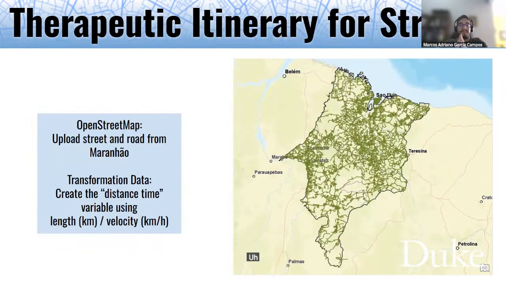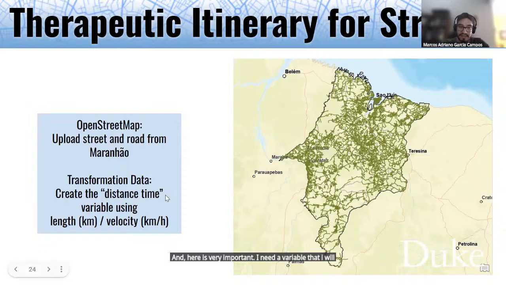The first step is to upload the streets and roads of Maranhão. I use OpenStreetMap to clip only the streets in Maranhão. And here is something very important. I need a variable that I will call distance time, which is the time you spend to traverse that specific street.